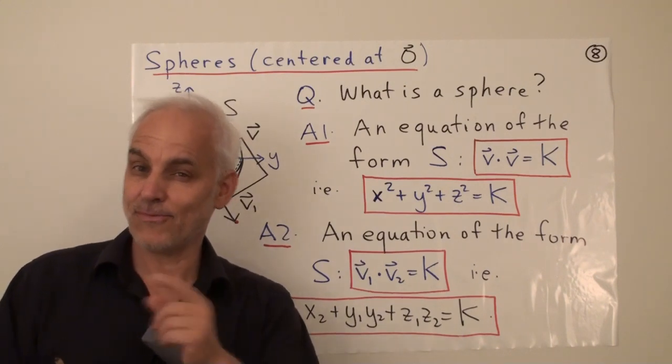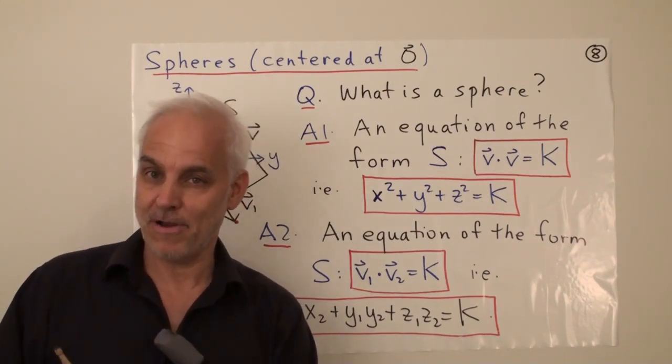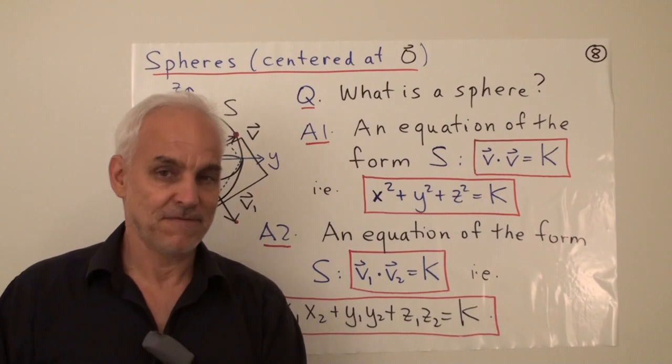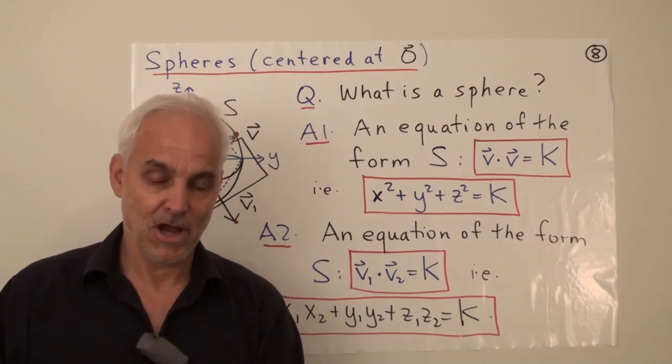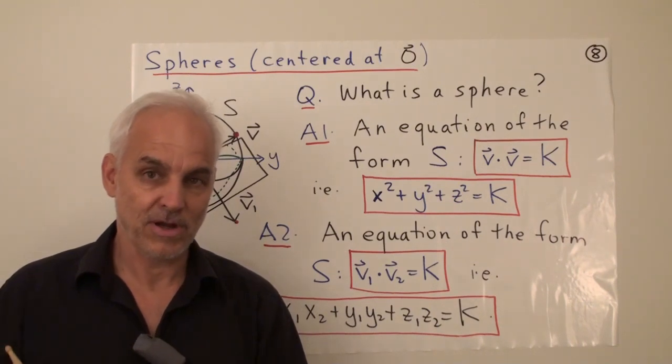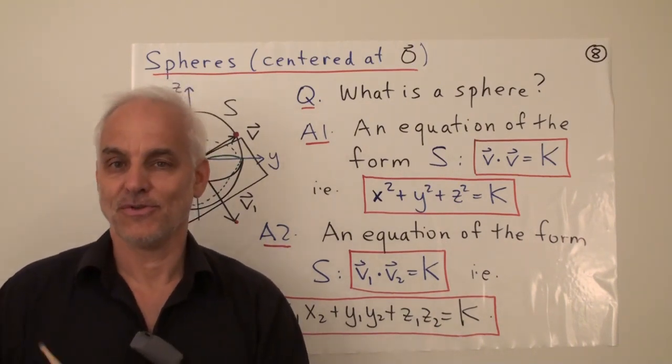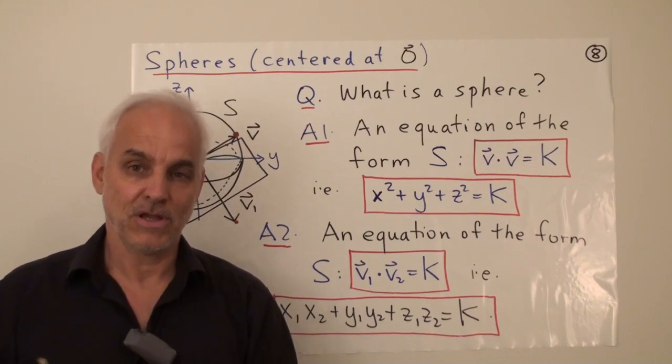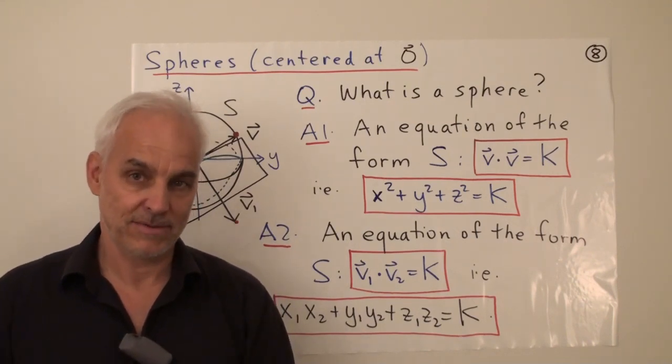In particular, there's this relativistic dot product that I keep mentioning. This is a very crucially important object for 20th century physics. And next time we're going to have an introduction to the relativistic dot product and some geometry associated with that.